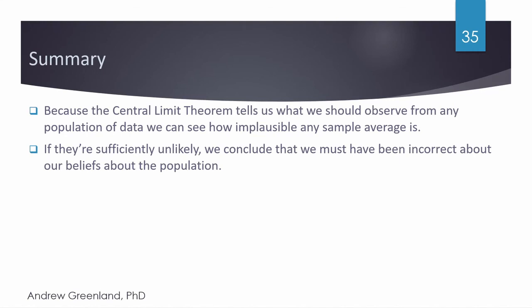For example, 99% confidence with our boss, or 90% confidence in confronting me, or 95% confidence in addressing our restaurant about their delivery. If it turns out that the sample average we observe is among these least likely outcomes that fall in the rejection region, we conclude that we must have been incorrect about our beliefs about the population.